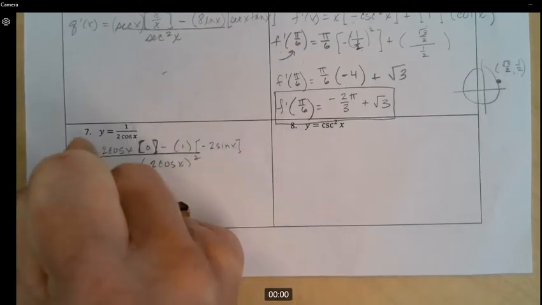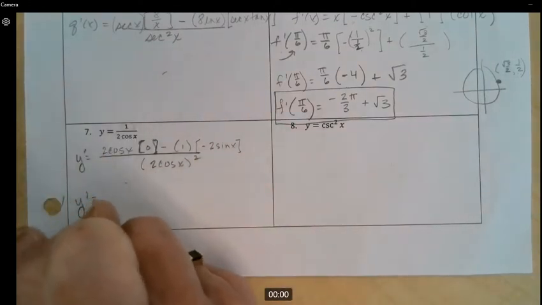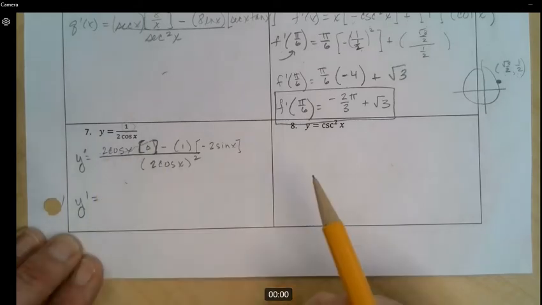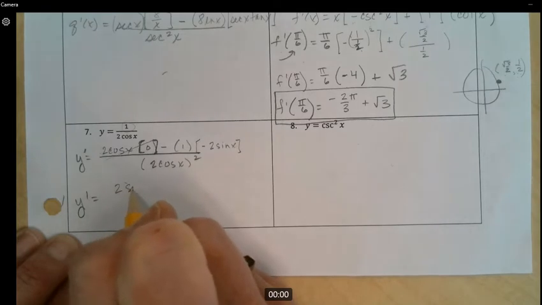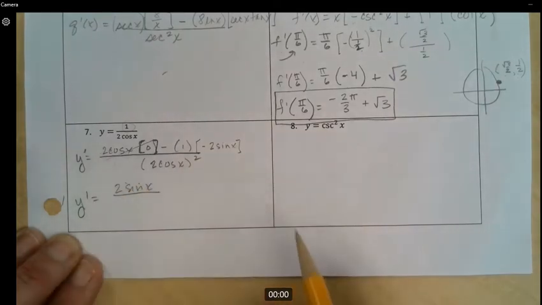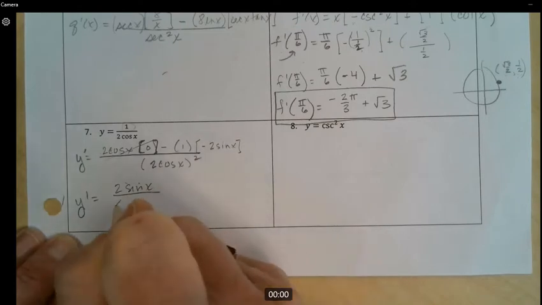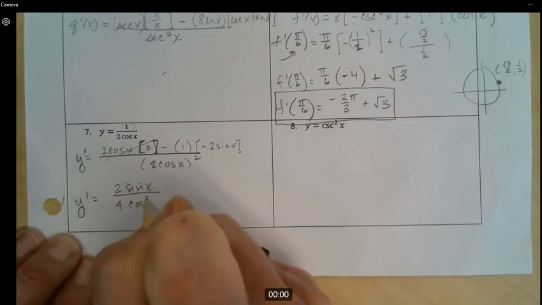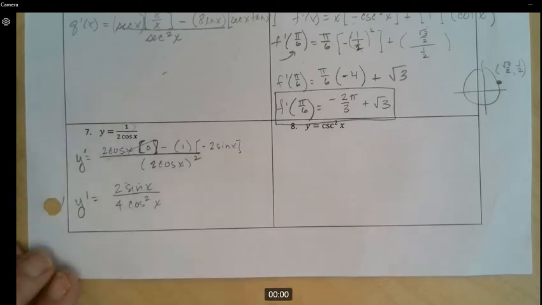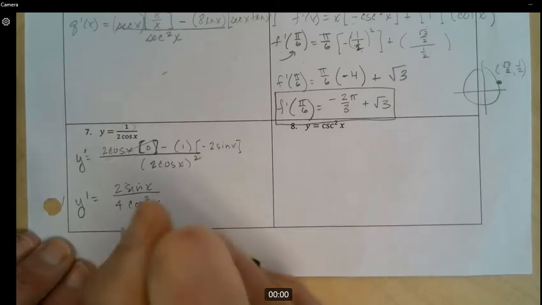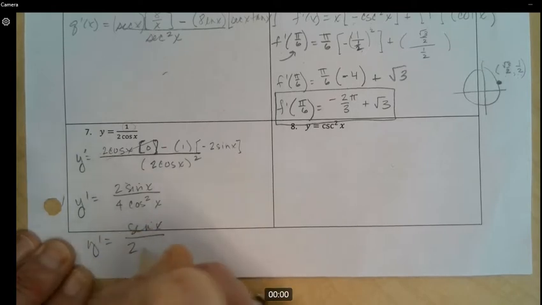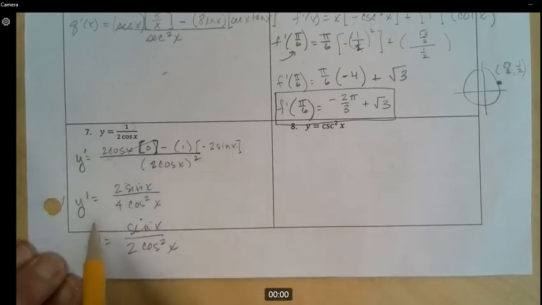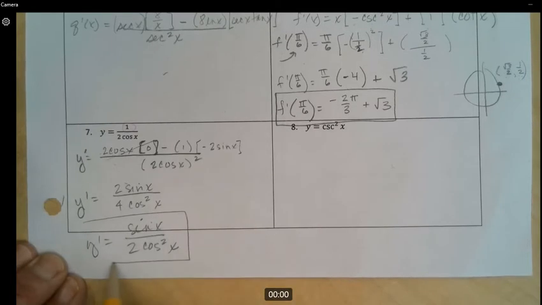And away we go. So y prime is equal to, this zeroes out, and negative becomes positive 2 sine of x over 4 cosine squared of x. So my y prime is equal to the sine of x over 2 cosine squared of x. Okay?